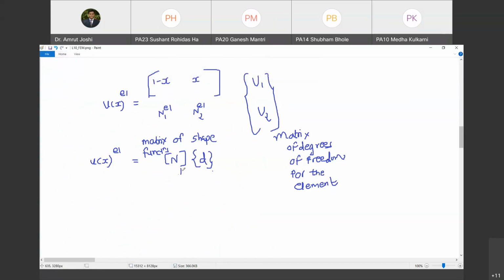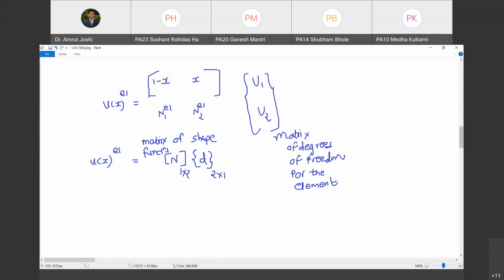In general, what will be the size of the matrix of shape functions and the matrix of degrees of freedom? That we will look at a little later.